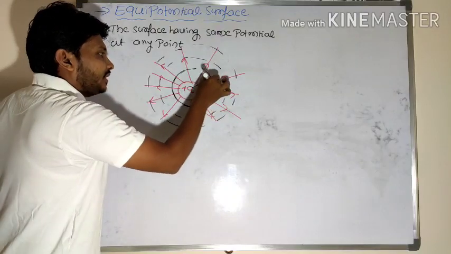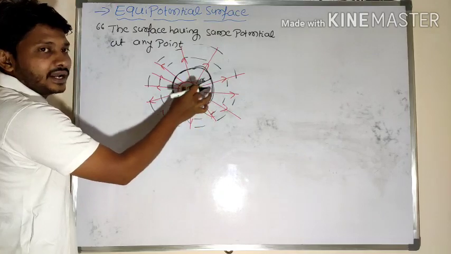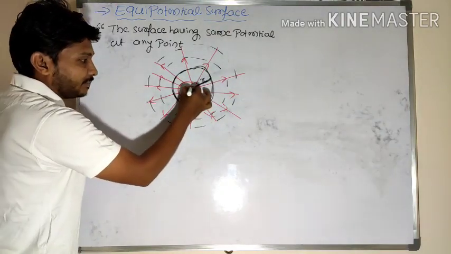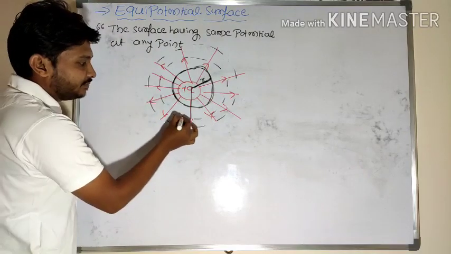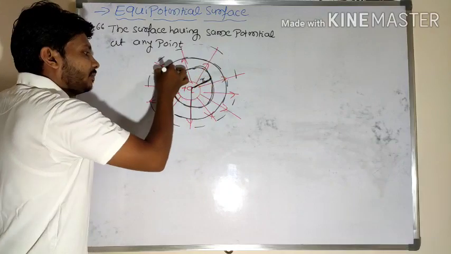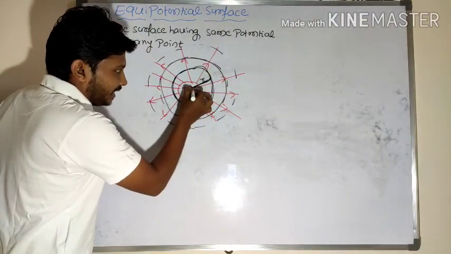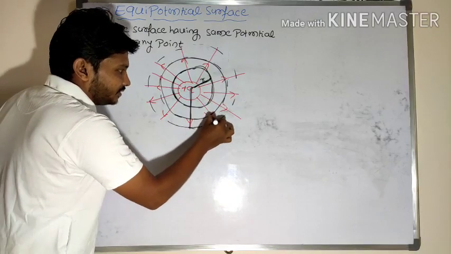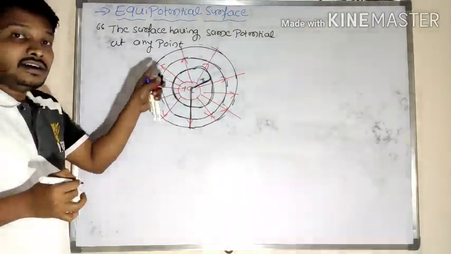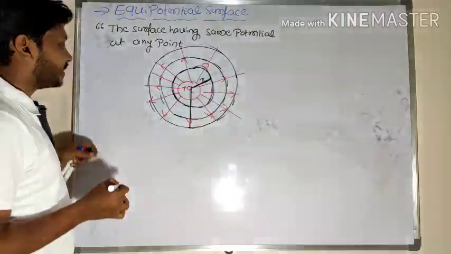For this second radius, wherever you calculate the potential value, you will get the same answer. For another fixed radius, wherever you calculate the potential value, you will get the same answer. Such a surface I will name an equipotential surface.